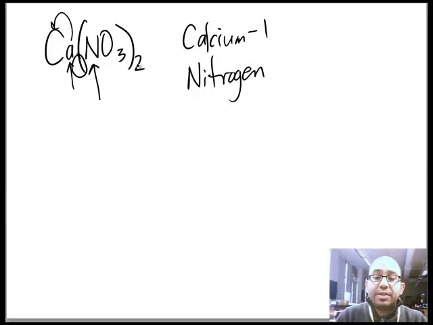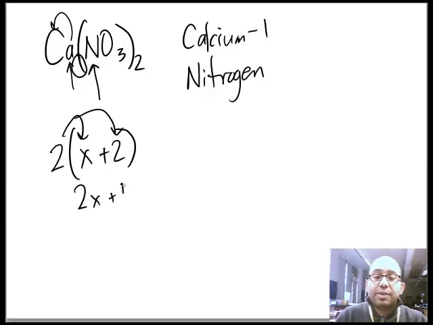And notice there's no number there, except there's a number on the outside of the parentheses. You know how in algebra class when you do 2 times x plus 2, and you have to distribute this, right? And it becomes 2x plus 4. And well, in chemistry, you distribute from the back. So it's 2 nitrogens.